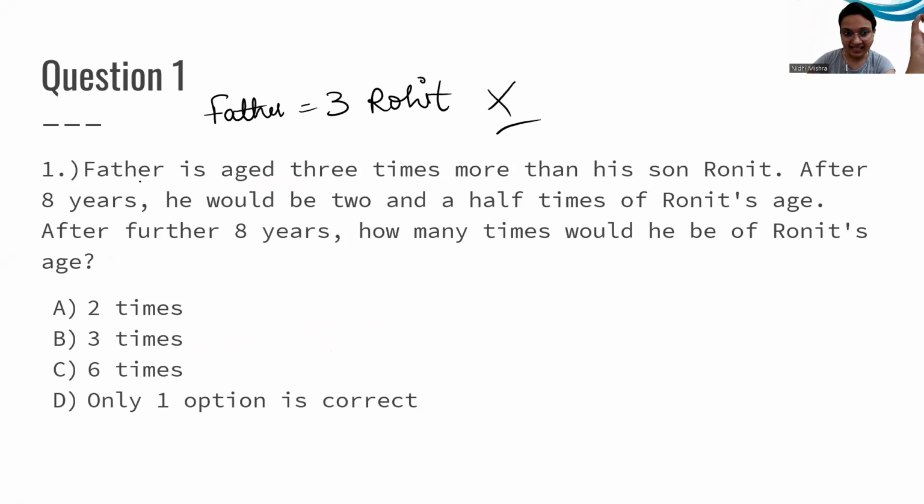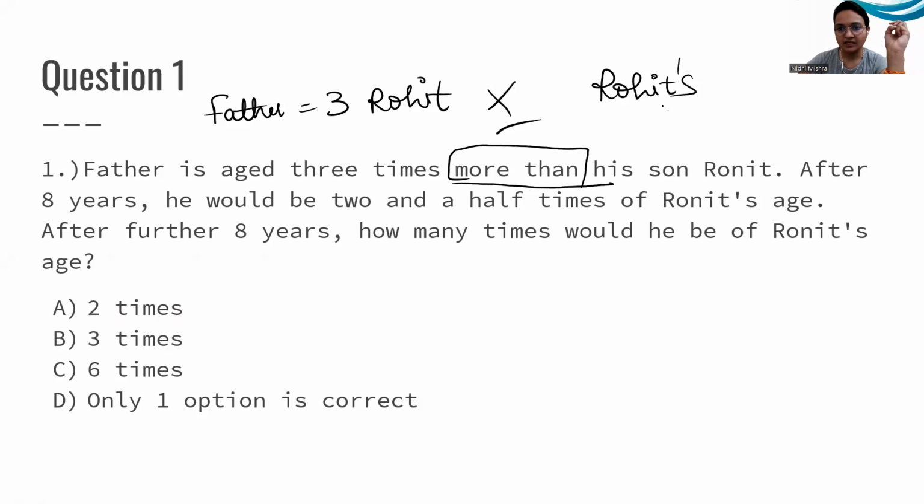Let's see. Father is aged 3 times more than his son Rohit. Suppose Rohit's age is 2. So father's age is 3 times of Rohit's age more than Rohit's age. 3 cross 2, this is 3 times more than Rohit's age.